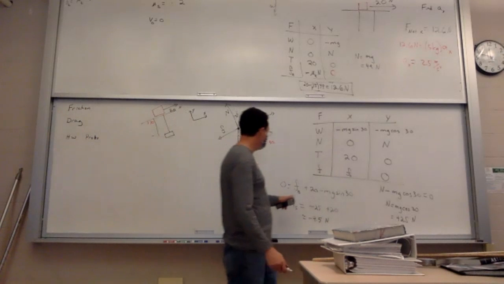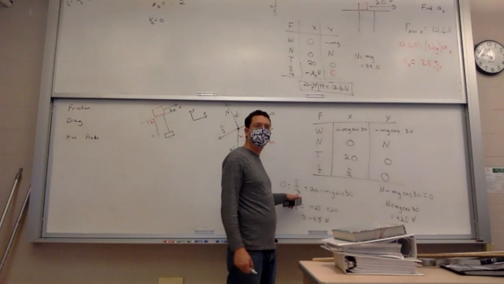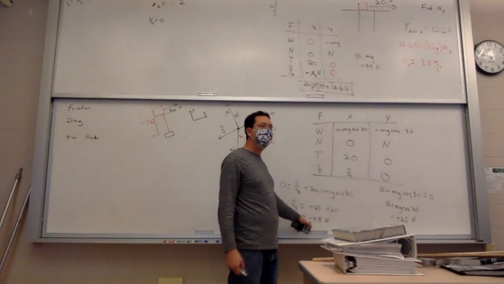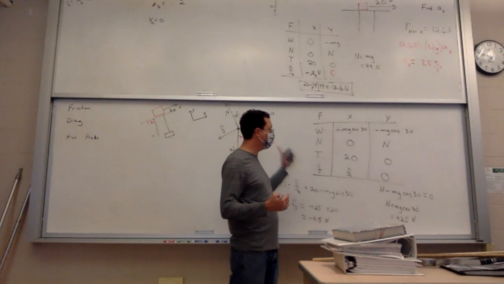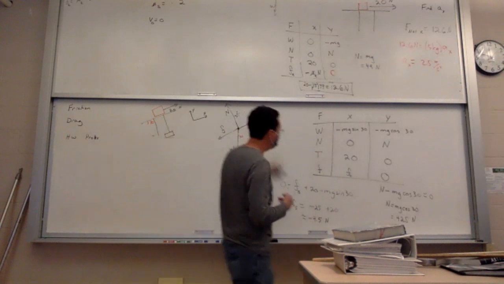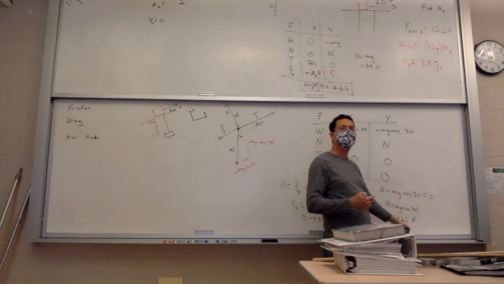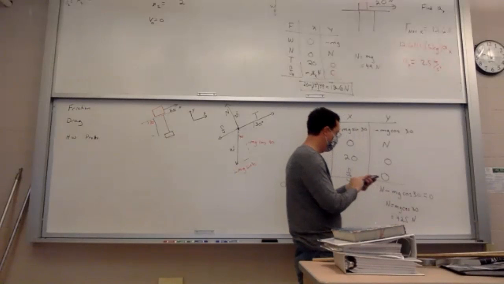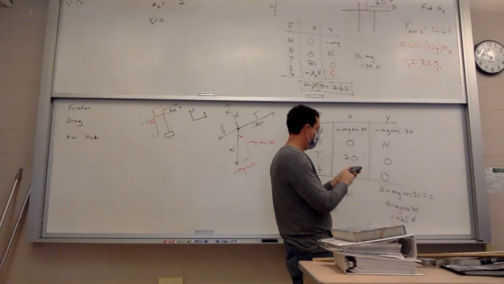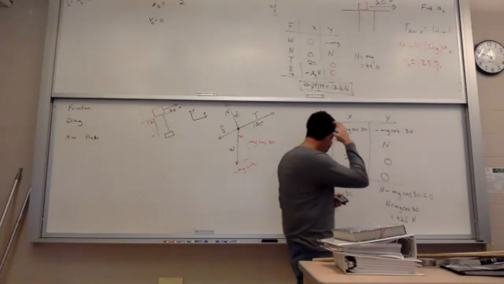All right. We assumed it was static friction. And the amount that we need is negative 4.5 newtons. We have to check that that's even possible. How do I figure out the possible amount? Well, I do mu sub s, 0.2, times the normal force. You can't use the old normal force, you have to use the new normal force because it's a new situation. So I do 0.2 times 42.5, and I get 8.5.